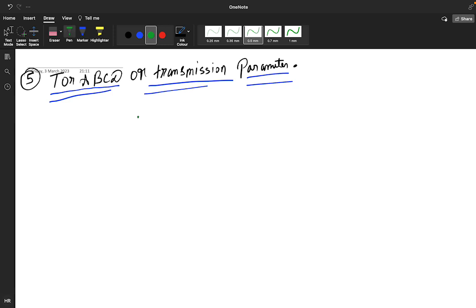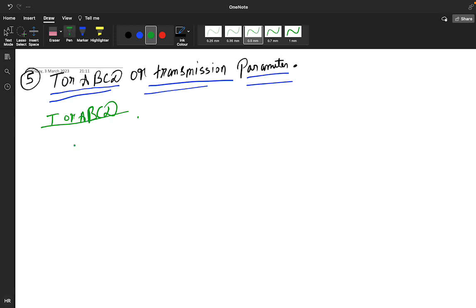So what is happening in this parameter? We can write it as the T parameter, or we say it as the ABCD parameter.